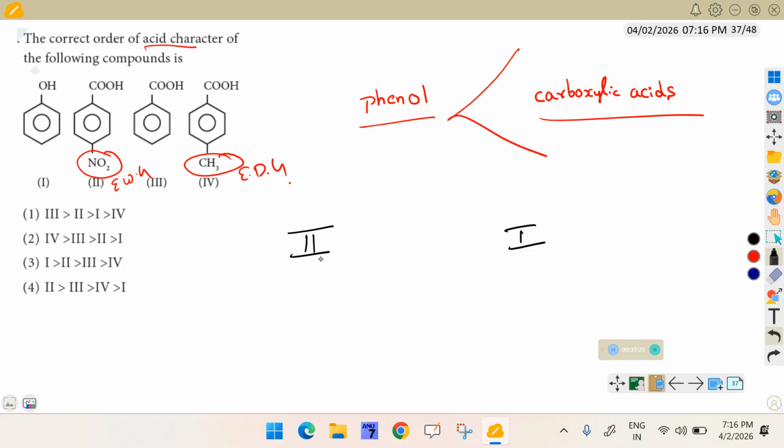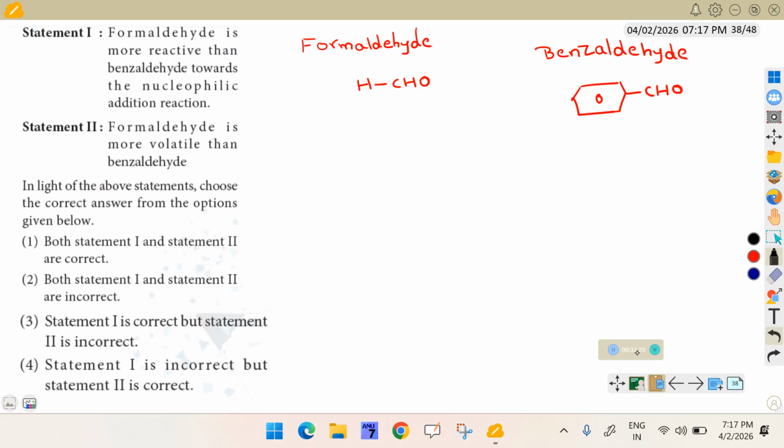Starts with 2, ends with 1. Fourth option. Formaldehyde is more reactive than benzaldehyde towards nucleophilic addition reactions. Correct. Formaldehyde is more volatile than benzaldehyde. This is also correct. Both statements 1 and 2 are correct.